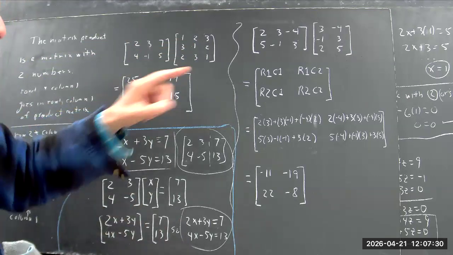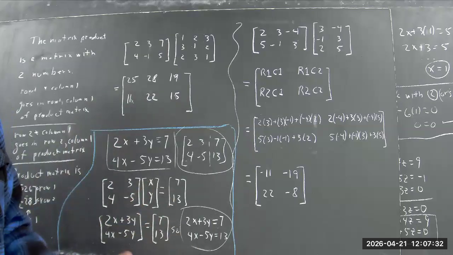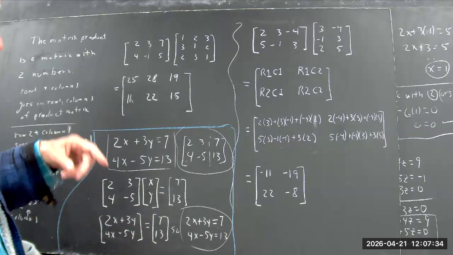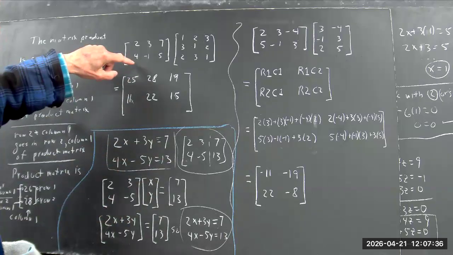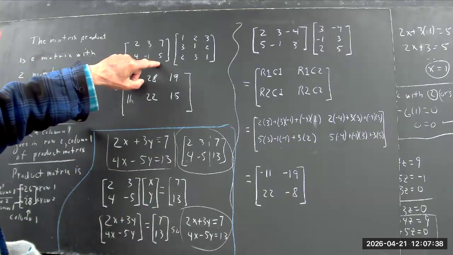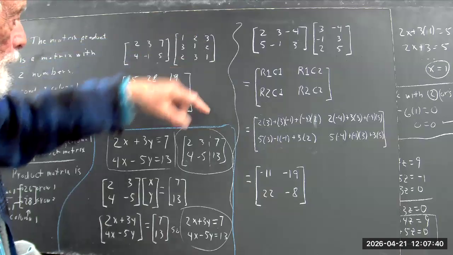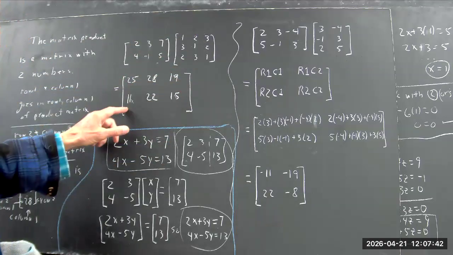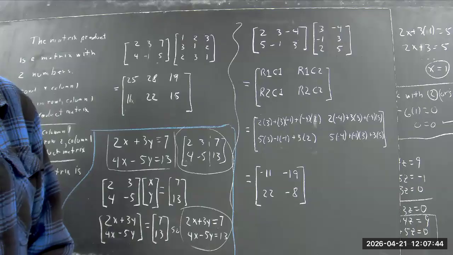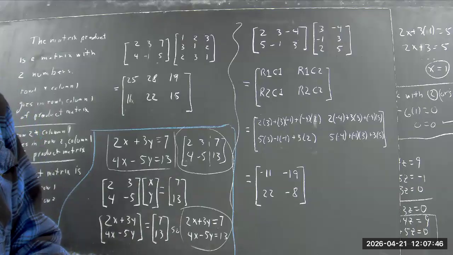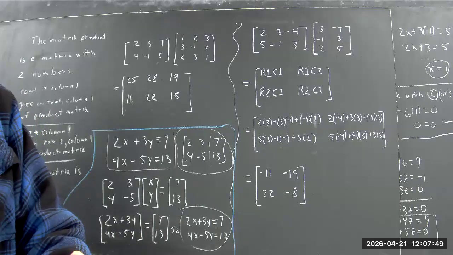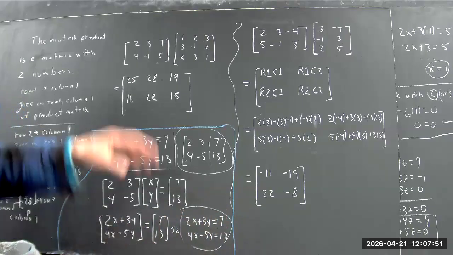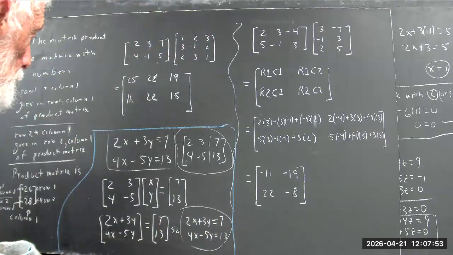So I'm going to get 3 numbers. The numbers are pretty obvious. Again, check my arithmetic. It's always fun to find mistakes. Okay. And then the second row times each of the 3 columns. Well, I get 3 numbers, and those numbers go in the second row in the appropriate column. Okay. And I think you've established that pattern. I think if I'd have given you this, you'd have done it correctly.